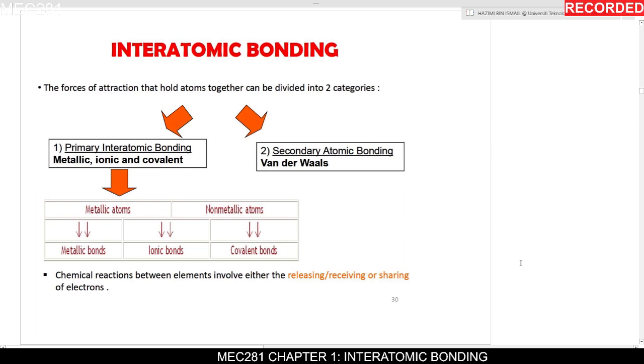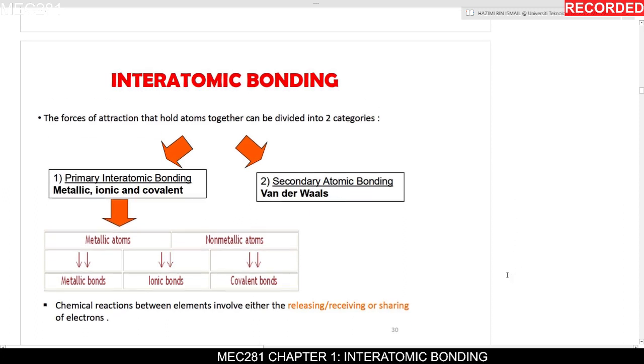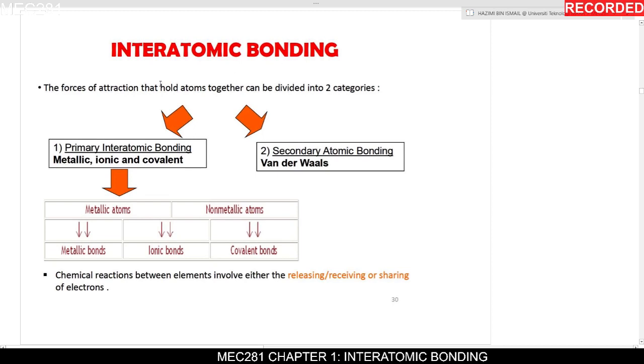This subchapter is quite familiar. It has also been learned at the SPM level, maybe during Form 4 or Form 5. I thought Form 4. So you should have the basics, or maybe you already know about interatomic bonding. Okay, so let's get started.